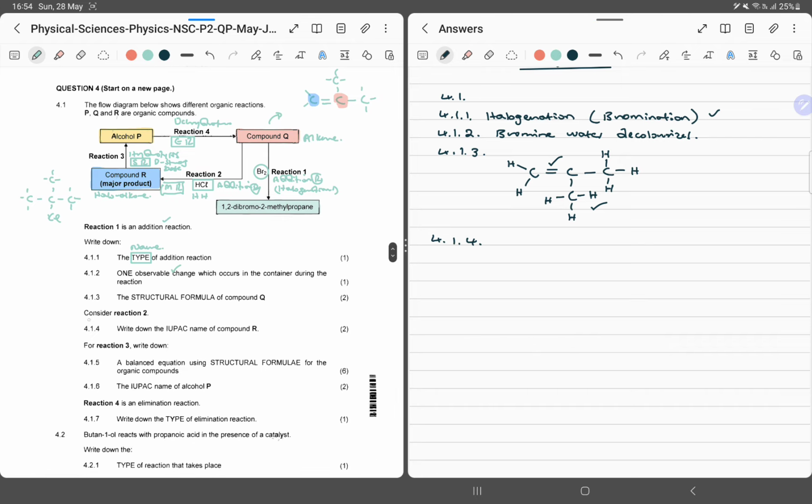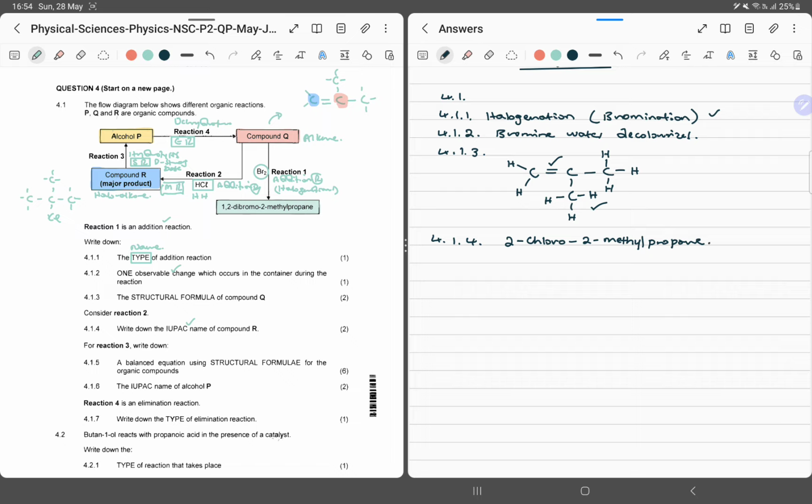Now we're told here, consider reaction 2. Write down the IUPAC name of compound R. Well, the IUPAC name of compound R is something like this. This is going to be 2-chloro-2-methylpropane.